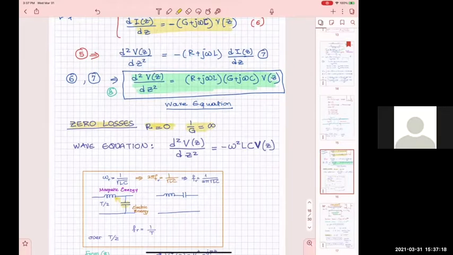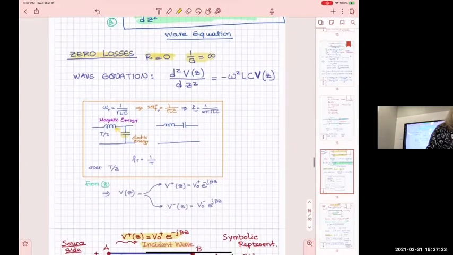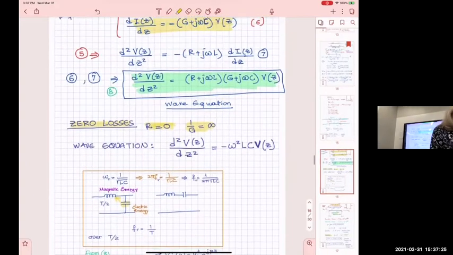When you have very high losses, which means that your G is going to go to 0, the G itself, then practically you have an equation like this.